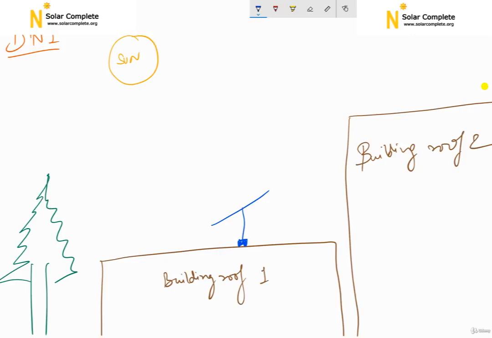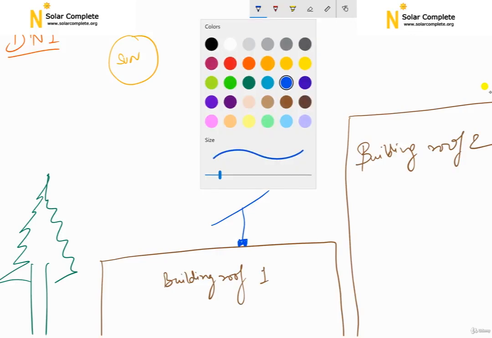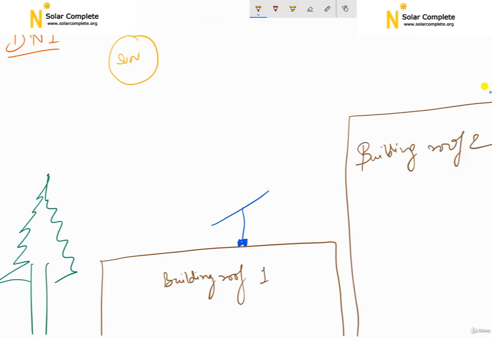So there are two characteristics of DNI. One, they are directly coming on the surface of the solar panel. Secondly, they are at 90 degrees, right?